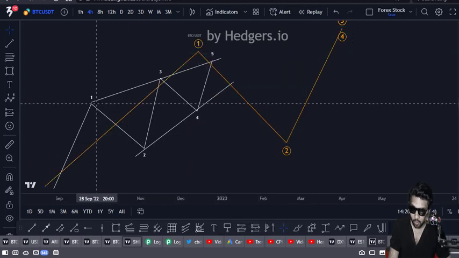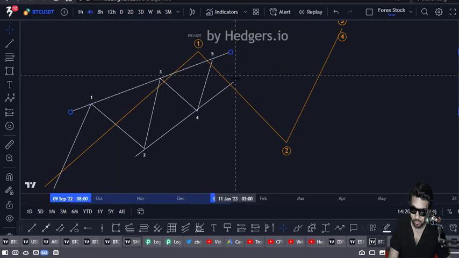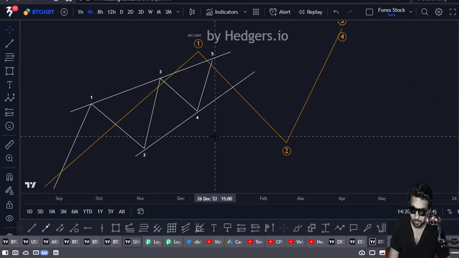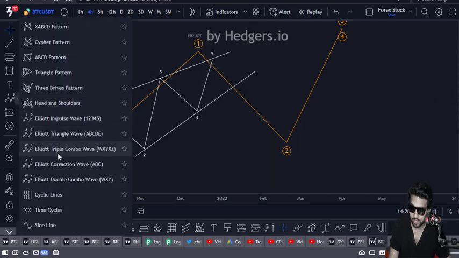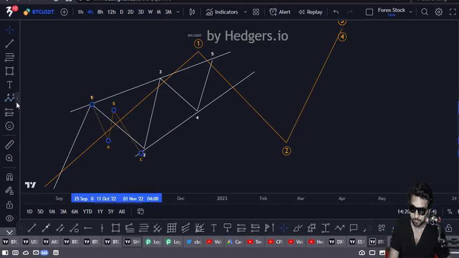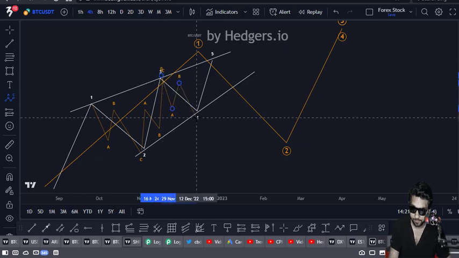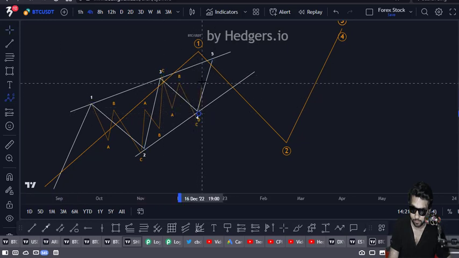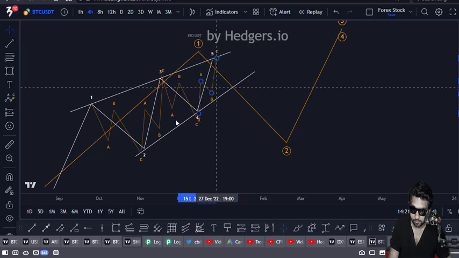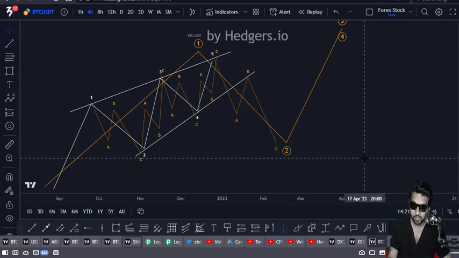What happens in the leading diagonal is it consists of a kind of rising wedge pattern, and it consists of the corrective waves ABC every single time. You see, this is the structure of the diagonal.